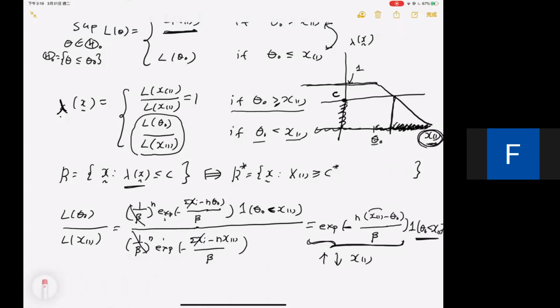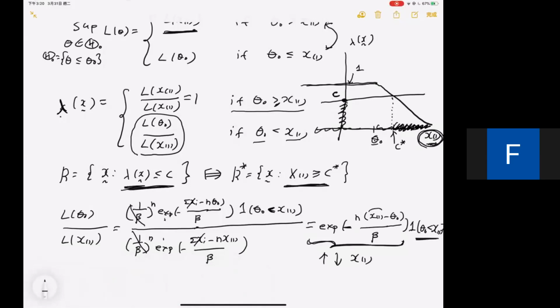This right here is your C star. That means lambda x smaller than C is equivalently x1 bigger than some C star. Okay, good. So do I say anything about that?